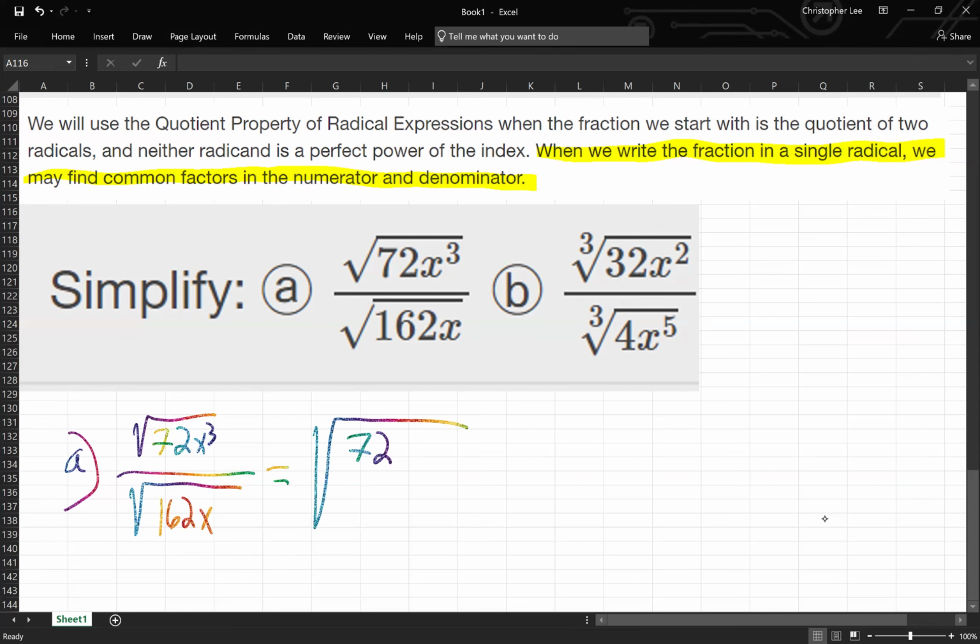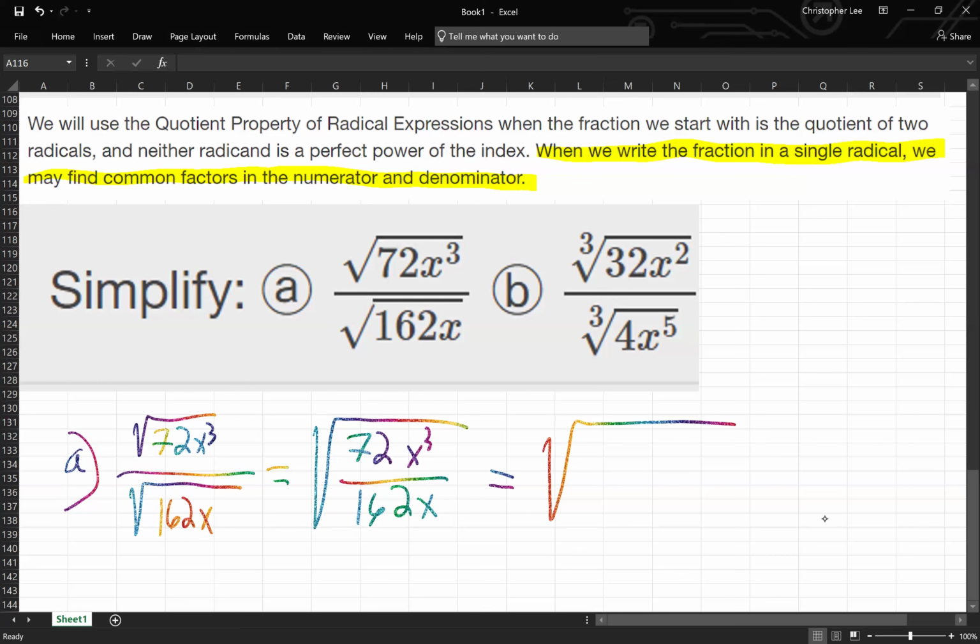Call that 72x cubed over 162x, just like that. And then I could reduce the fraction on the inside and then take the radical, right? So let's take a look at that.